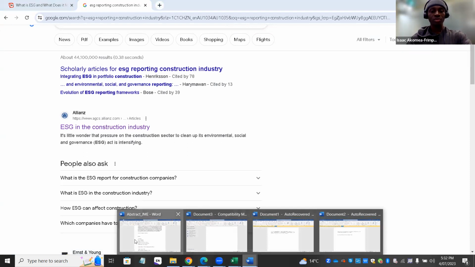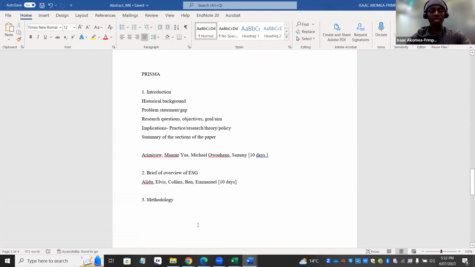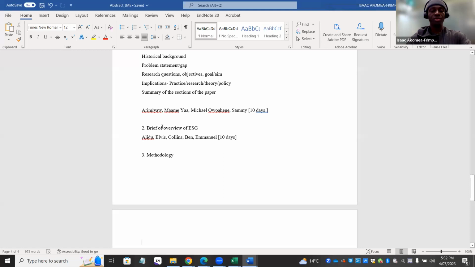Now let me come to the second group, which is to give us a brief overview of ESG for the construction industry. People know the construction industry, so I don't think it's necessary to explain what the construction industry is about, unless we want to talk about AEC.